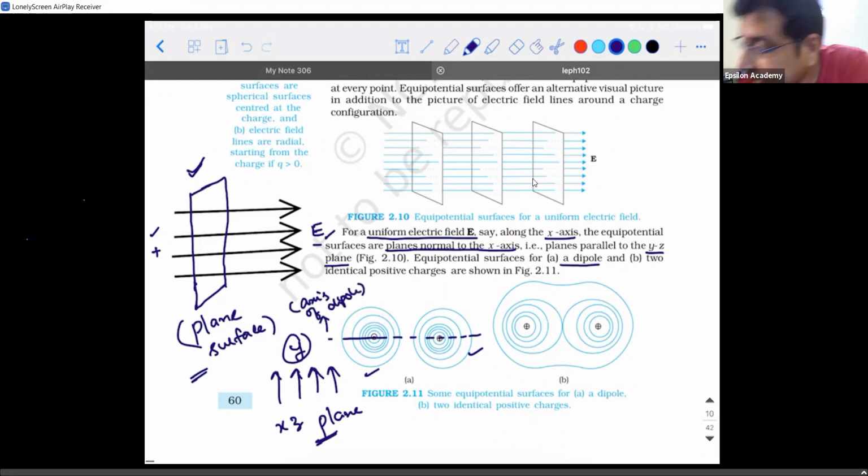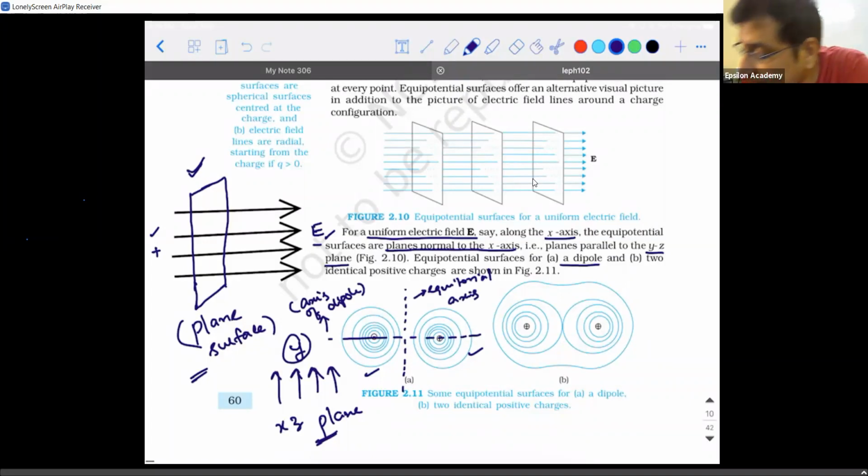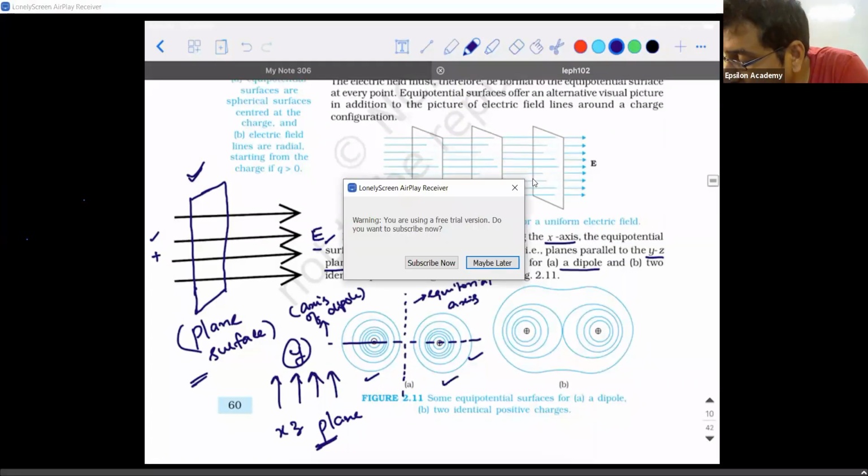Yesterday I told you one important point. If I draw a line perpendicular to this, it is the equatorial axis. On the equatorial axis, what is the potential? 0. That is why, if you see the shape, this is how the equipotential surfaces are for a dipole.